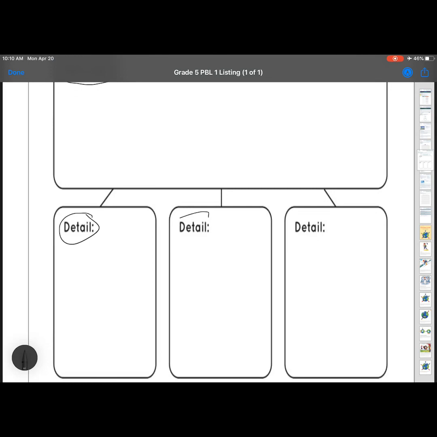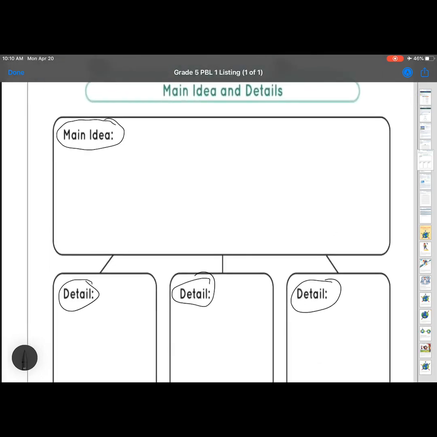So 1, 2, and 3. Can you do this on a separate sheet of paper? Of course. You just draw the rectangle and then 3 supporting details.